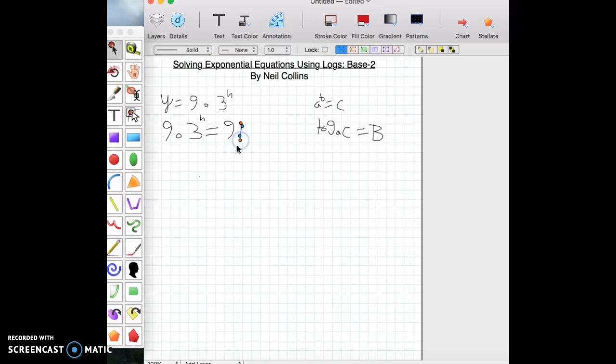Okay, so we're here right now. And we need to get this h isolated because we want this equation in exponential form as seen here: a to the b power equals c. So we want to see this equation in this form right here.